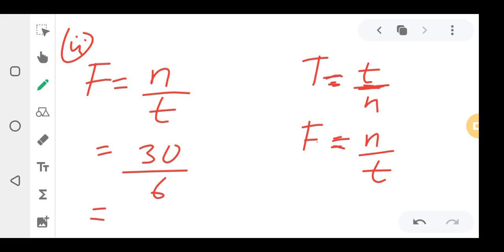When you divide that, it will give you 5 Hz, because frequency is measured in Hz. So basically, this is the way you solve these type of questions. This principle ought to be used at all times, and your mind ought to be open to this type of question.